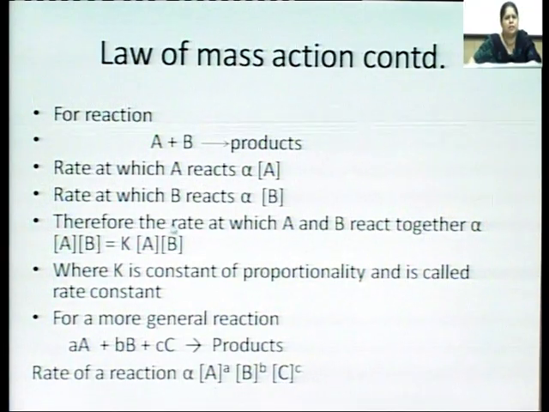Now, for a more general equation in which the number of moles of the various reactants are different, which can be represented as a moles of A reacts with b moles of B and c moles of C to give us the products, the rate of the reaction is directly proportional to the concentration of A raised to the power a, concentration of B raised to the power b, multiplied by the concentration of C raised to the power c.